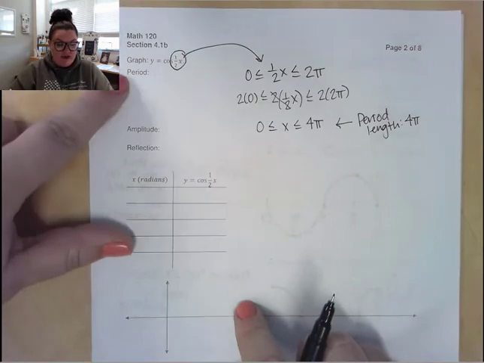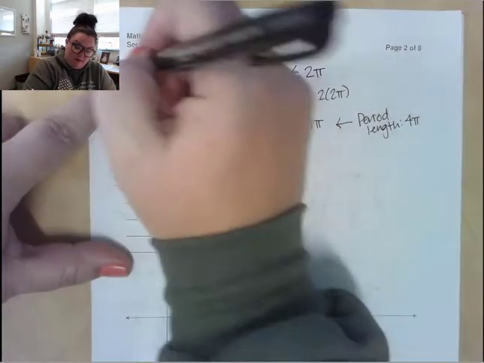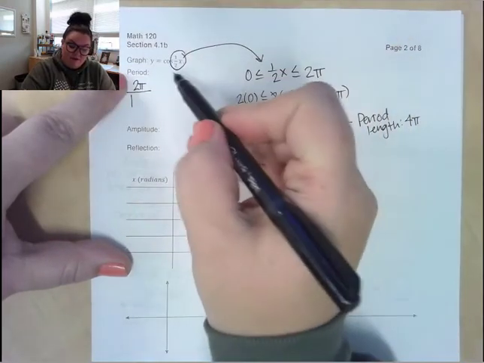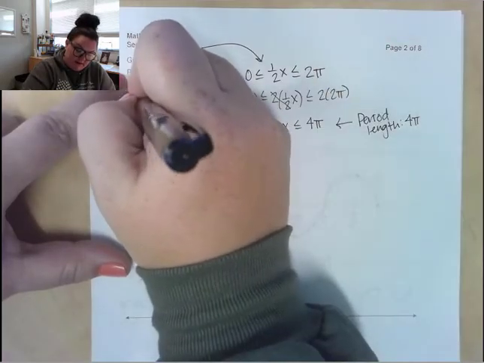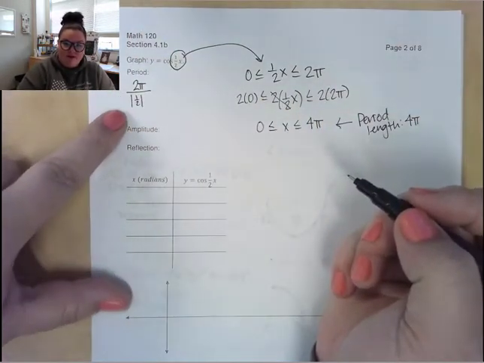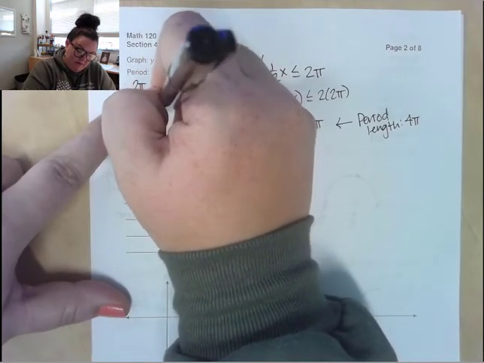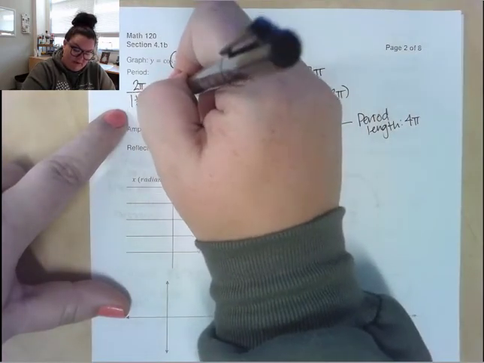And I can double check it by using my formula. Remember, my formula says I take 2 pi and I divide it by the absolute value of whatever number is being multiplied by that x. So the absolute value of 1/2 is just 1/2. And then when I divide by a fraction, I actually flip and multiply, right?